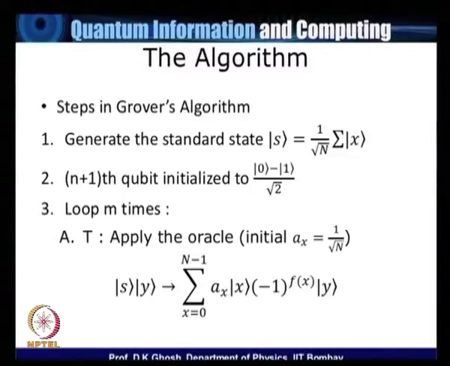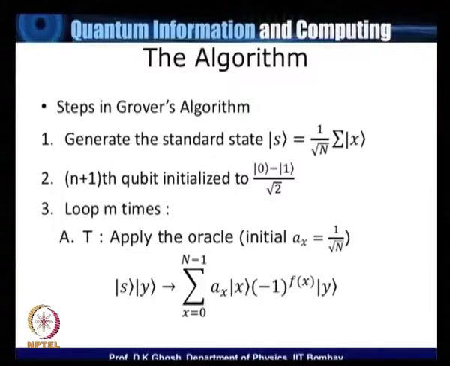If you recall, the standard state is simply a uniform linear combination of the computational basis, which is obtained by passing the n qubit null vector through a series of Hadamards. This we have talked about several times. The n plus 1th qubit, the ancilla qubit, which is my target, is initialized to 0 minus 1 by root 2, and once again you are aware I can start with a single qubit 1 and then pass it through a Hadamard.